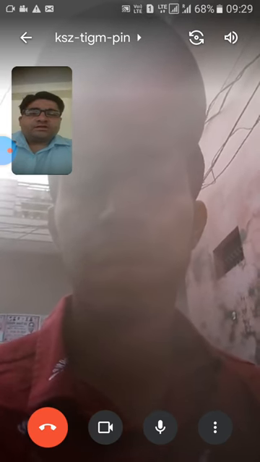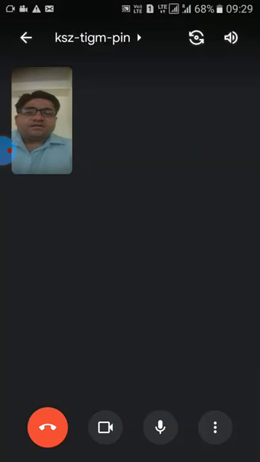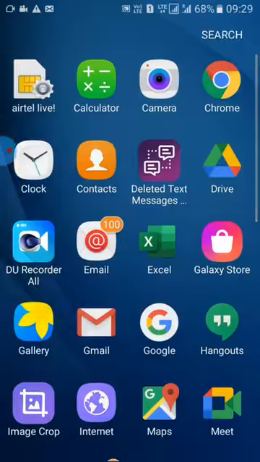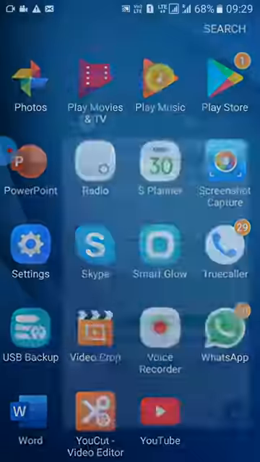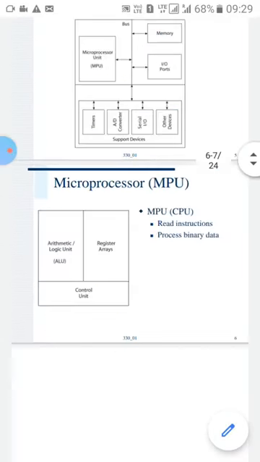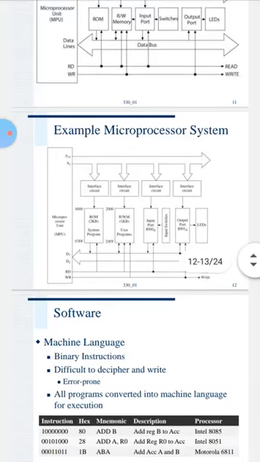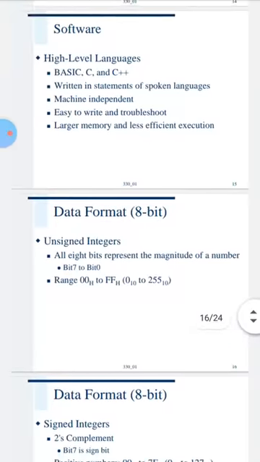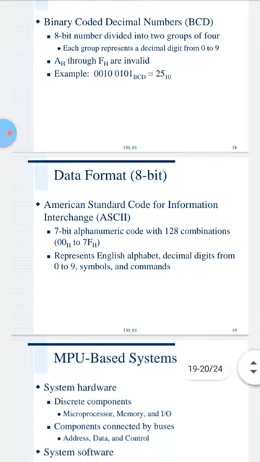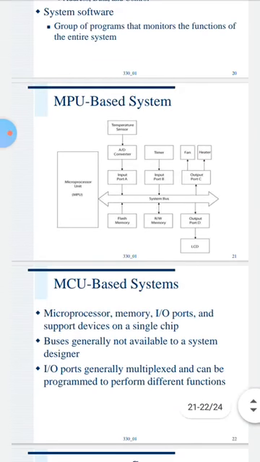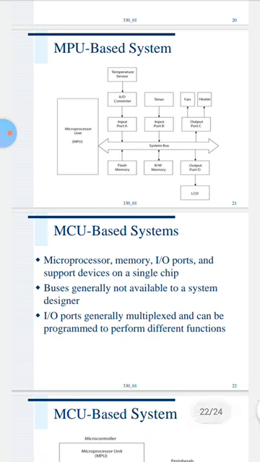So after that you also come to know about various things concerned with this system, and in this MCU based system we have a microprocessor, memory, input output ports and supporting device on a single chip.